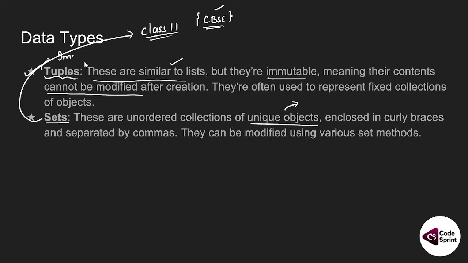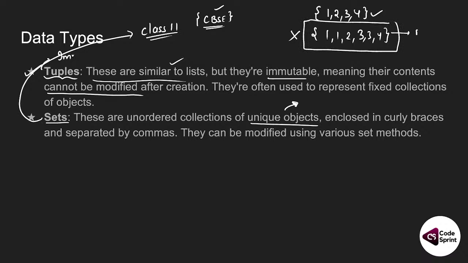Why have we written unique? Because in a set, we are not going to include any repeated data. Like I have written 1, 2, 3, and 4. This is a set. If I write 1, 1, 2, 3, 3, 4, this is not a set. But you will learn that this is a multi-set in your college days.